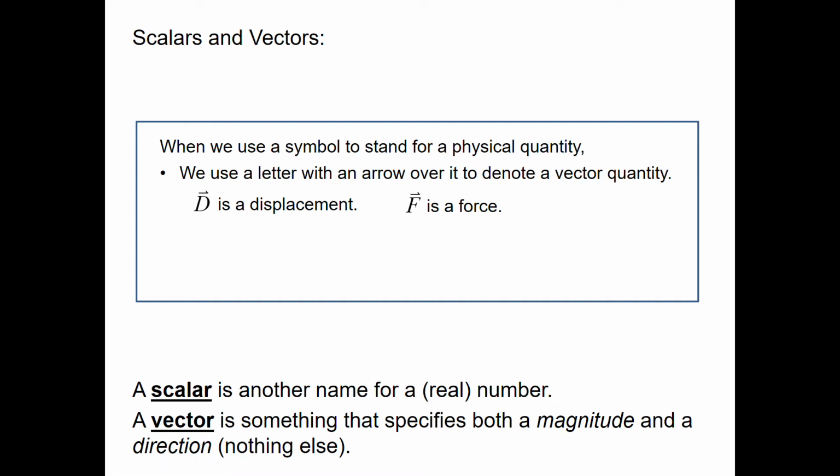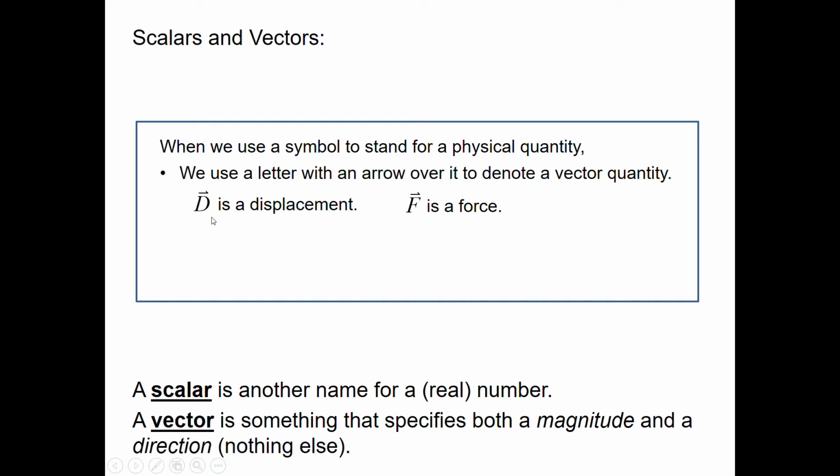Now, let's get into a little bit of the notation. We're used to thinking of x as standing for a particular x coordinate. We want to use these variables to stand for things, and we want to be able to look at a variable and know whether it stands for a vector or a scalar. So when we use a letter to describe a vector, in order to tell us that it has a certain direction, we're going to put a little arrow over the top of the symbol.